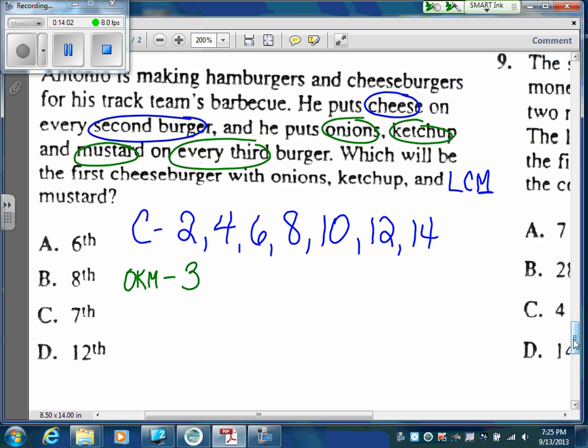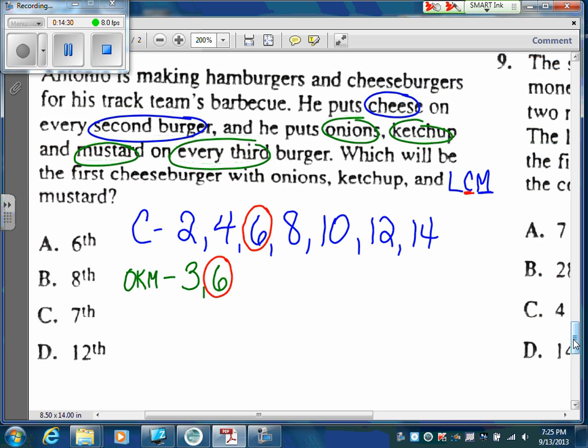Let's change to the onion, ketchup, mustard burger. So the 3rd burger has those 3 things on it. That means the 6th burger is going to have the onions, ketchup, mustard. Oh, but wait, we have a match. I see a 6 on the cheese and a 6 on the onion, ketchup, mustard burger. So common is the ones that are the same.